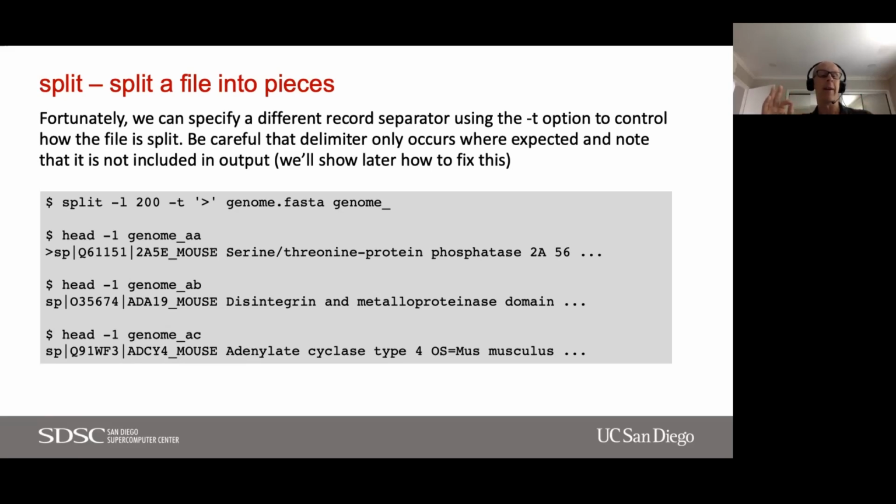They're not going to recognize that as annotation because we do not have that greater than sign in the first position. But a little bit later on, I'm going to show how we can fix this. So basically what happens is the record separator is consumed. So it recognizes the separator, but it's not printed as part of the output.